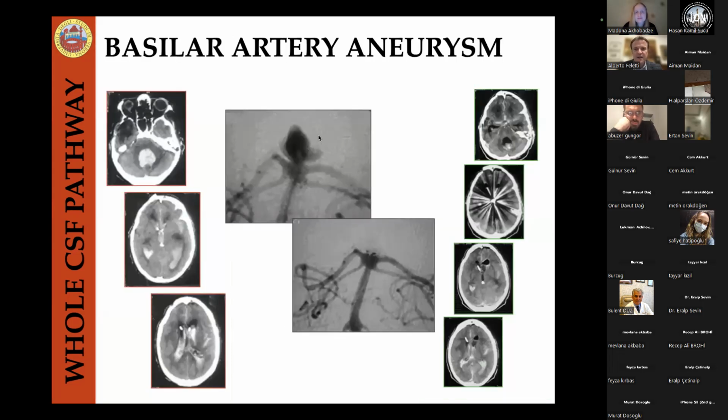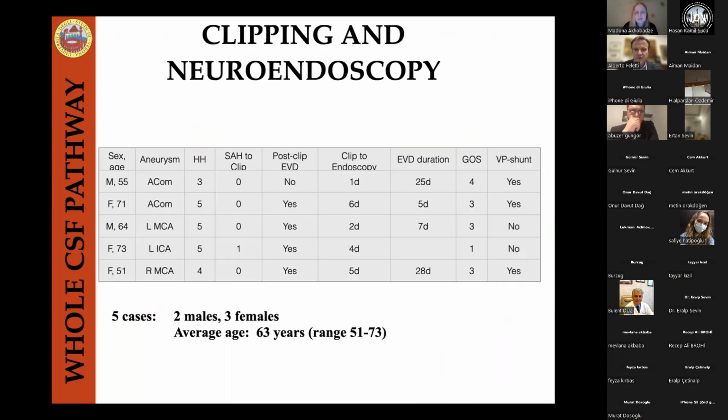Again, another case of coiling of a basilar artery aneurysm. And immediately after coiling, we operated on this patient to aspirate the blood clots. And in this case, look at this fourth ventricle and look at this situation immediately after the surgery. The results are very evident. I also use the same technique after clipping some aneurysms.